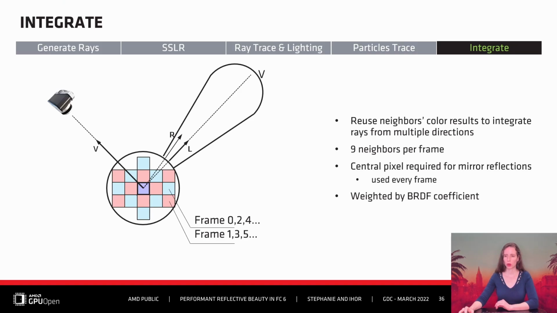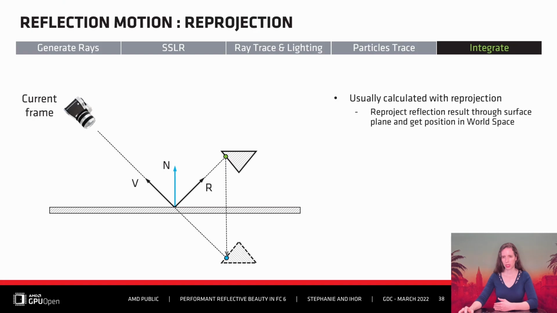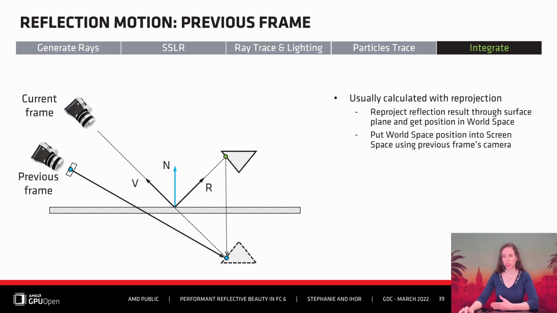Temporal accumulation requires reflection motion data. Most reflection motion is calculated using reprojection. Let's start with this typical reflection. First, the reflection is reprojected through the surface plane into a world space position. Then the world space position of the reprojection is reconstructed in screen space using the previous frame's camera.